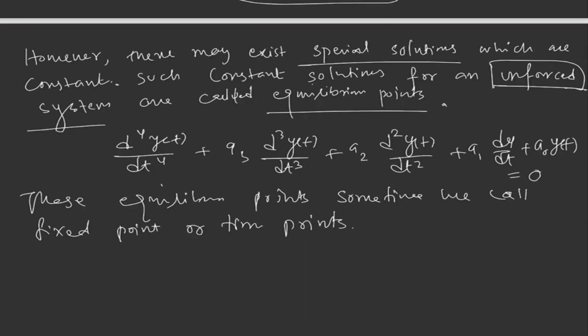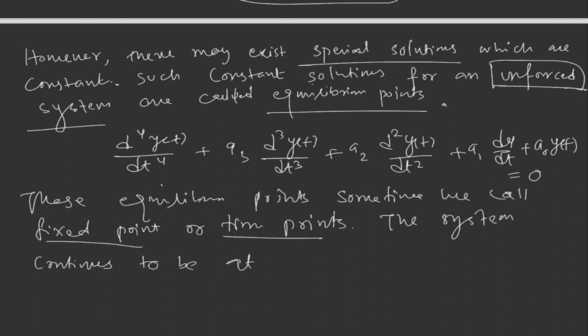Let me write one point. Why are we calling this a fixed point or trim point? Because the system continues to be at rest when it is already at such points.